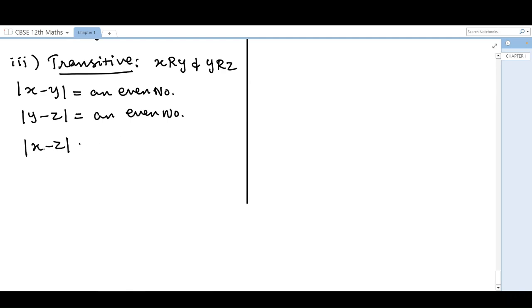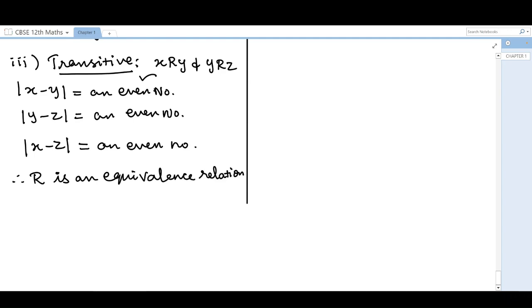So this implies that x and z should be both even numbers or both odd numbers. So this implies the absolute value of their difference again will be an even number. So from this we have verified that x is related to z. Thus the relation R is transitive. So we have proved that the relation R is an equivalence relation.